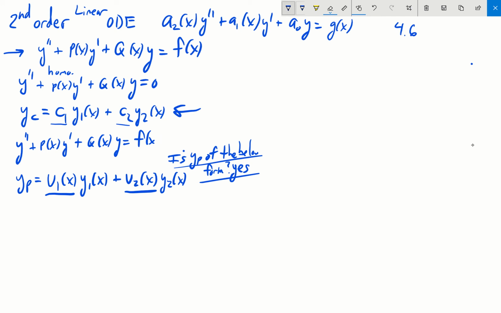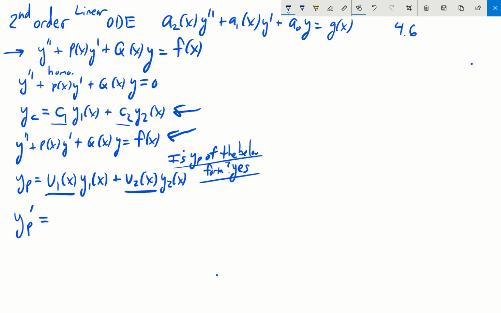So we're going to have to plug y sub p into our full differential equation, which means we need y sub p's first derivative and also y sub p's second derivative. Okay, so let's go ahead and do that. And again, I'm probably going to drop the dependence on x. We know that u1, y1, u2, and y2 all depend upon x.